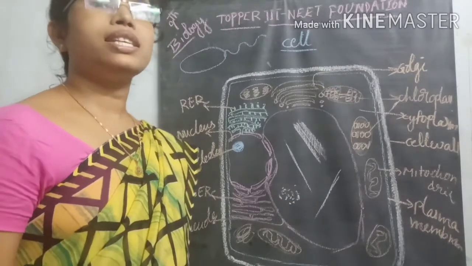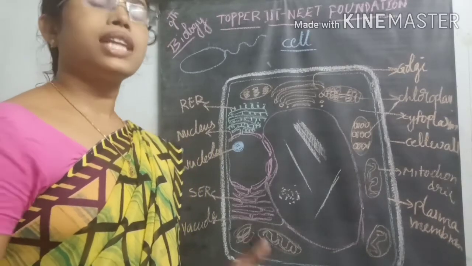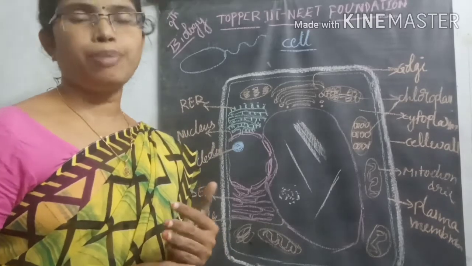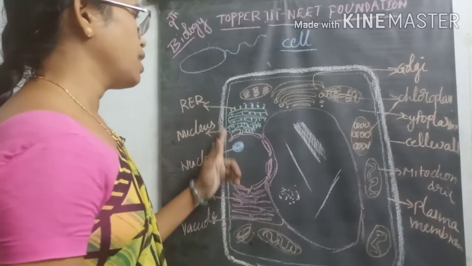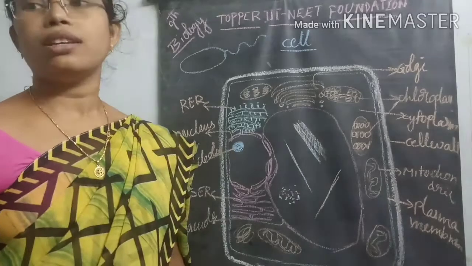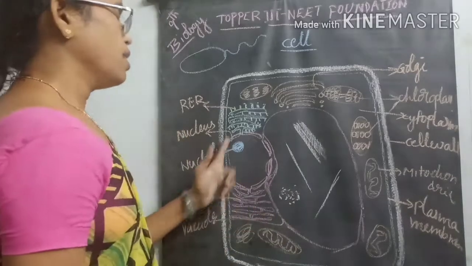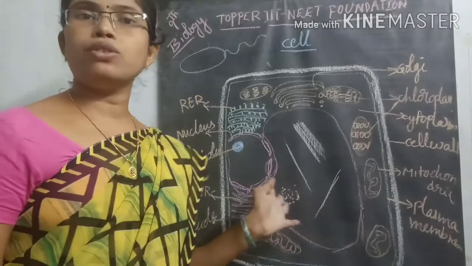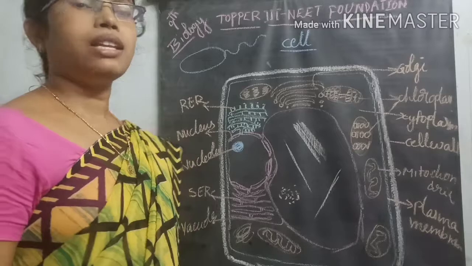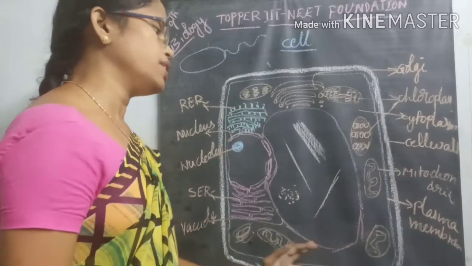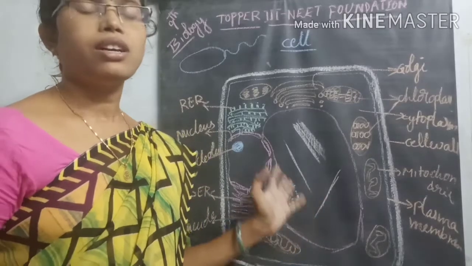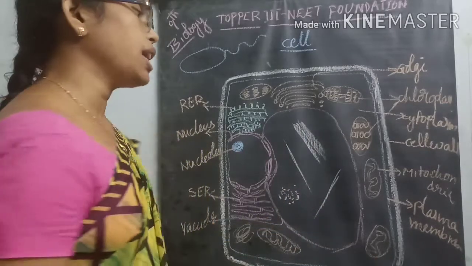The cell wall gives rigidity and mechanical strength to the plant. But for protection, the animal cell contains only the innermost layer, which is called the plasma membrane. Inside that there is a nucleus. In the plant cell, most of the space is occupied by one cell organelle, which is called the vacuole.